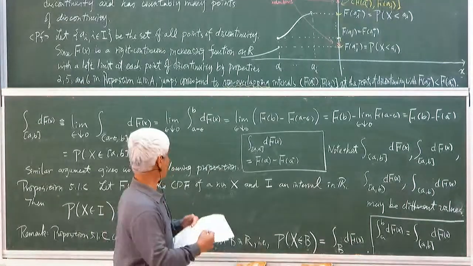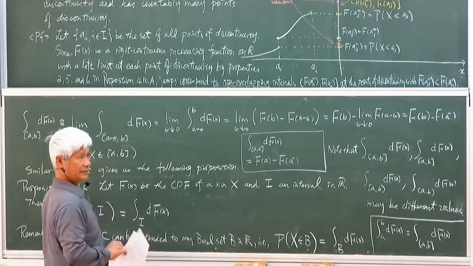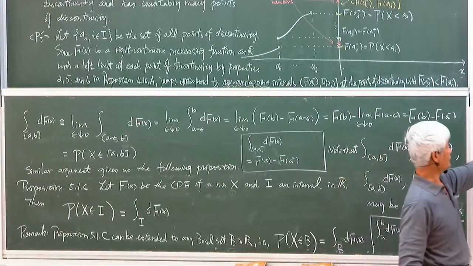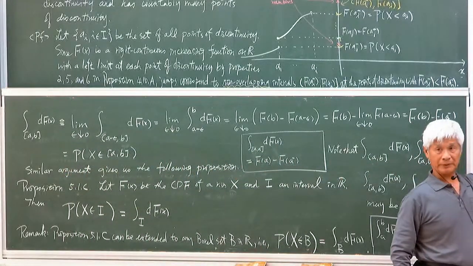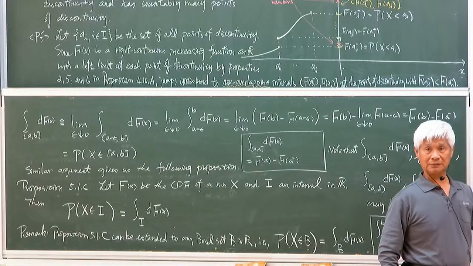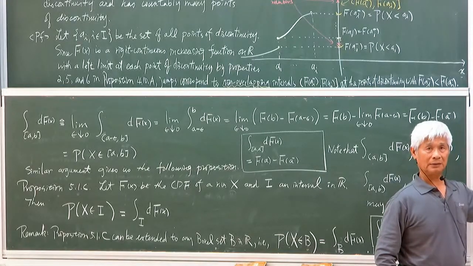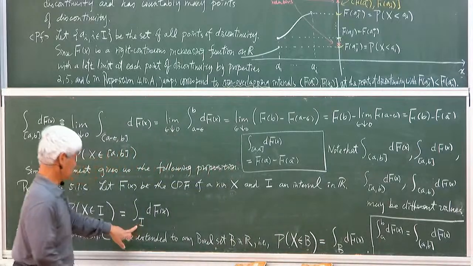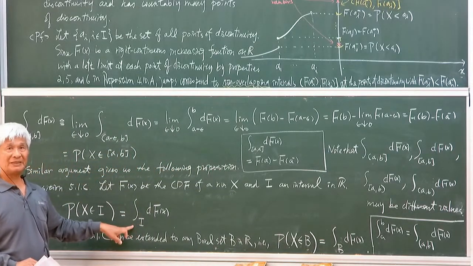So you can think of proposition 5.1.c as actually following from proposition 5.1.b, from this information. And then we create the notation of the Riemann-Stieltjes integral here.